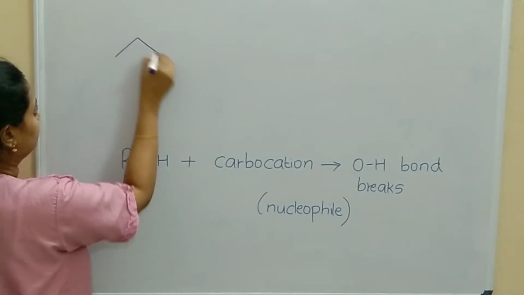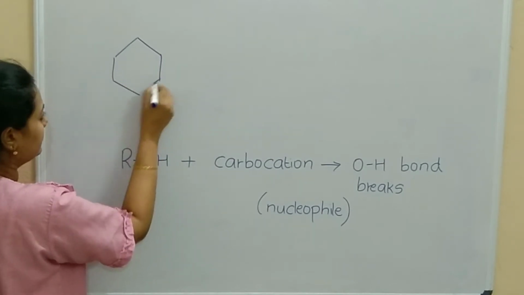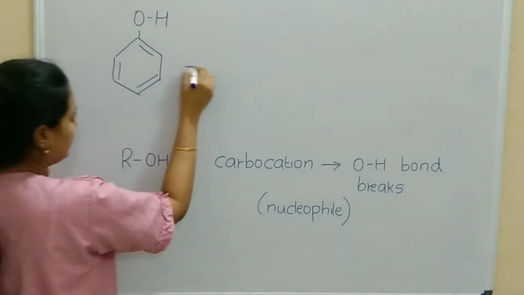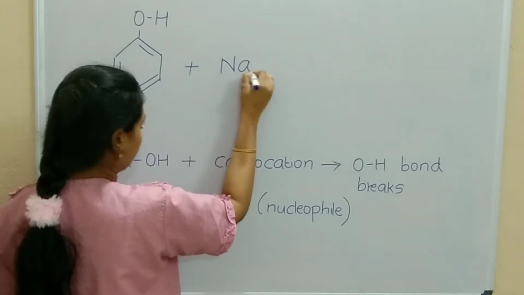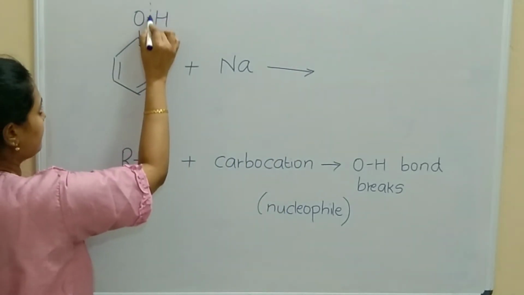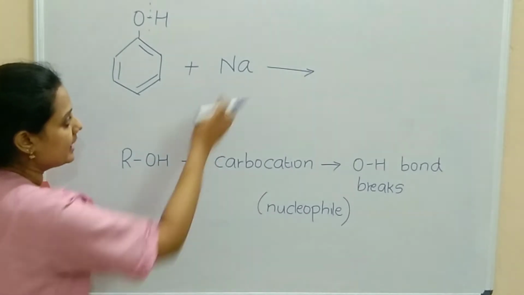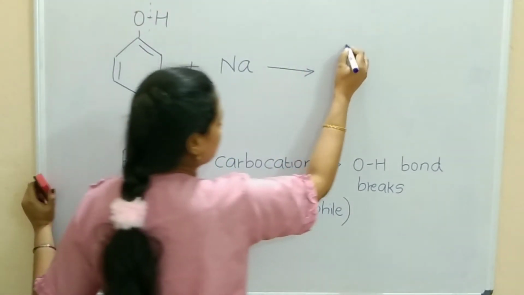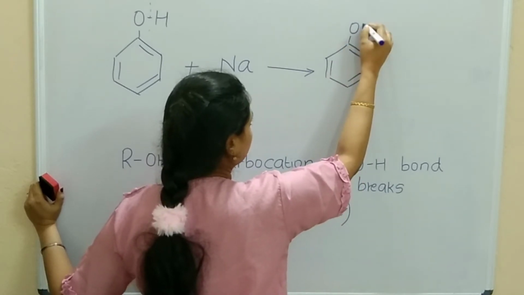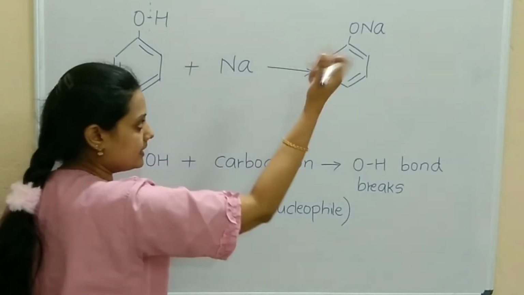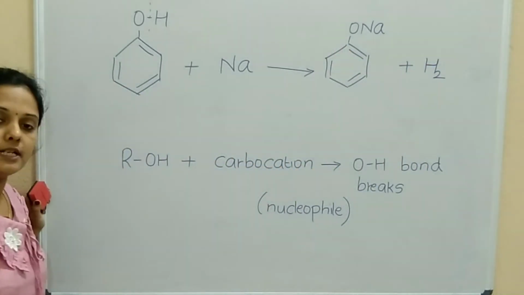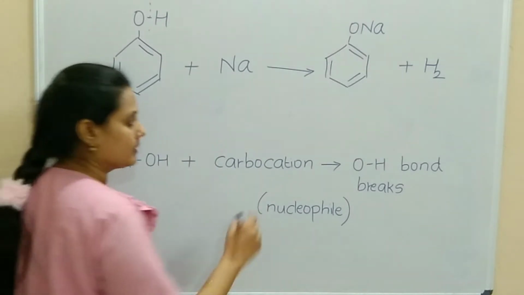The first reaction: phenol reacts with the metal sodium. The OH bond breaks, Na will attach to O, and it forms ONa, and H is left, so I'll write H2. So what is it forming? Sodium phenoxide.